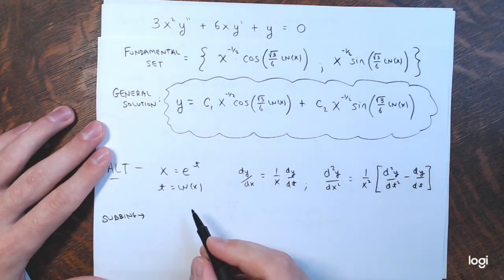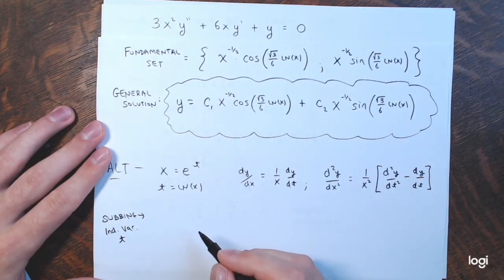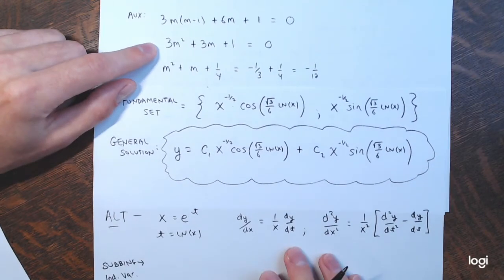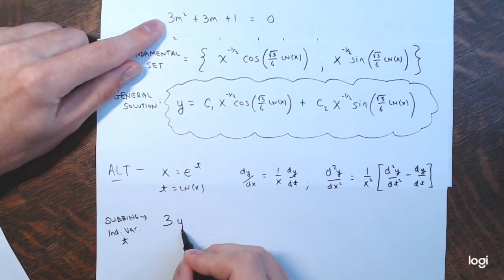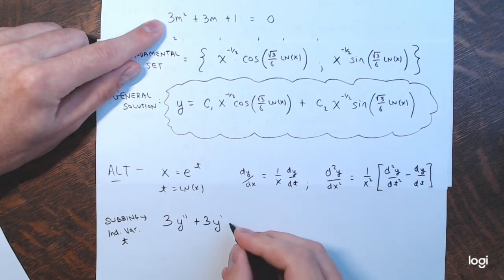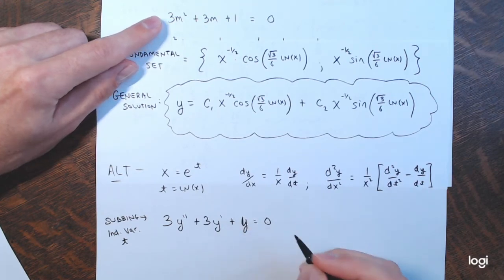So substituting becomes this. Now again, the independent variable is t this time, and not x. And we get an equation that would lead me to the same auxiliary equation. I'll have 3 times y double prime, where this is with respect to t, plus 3 times y prime, which is with respect to t, plus y equals 0.